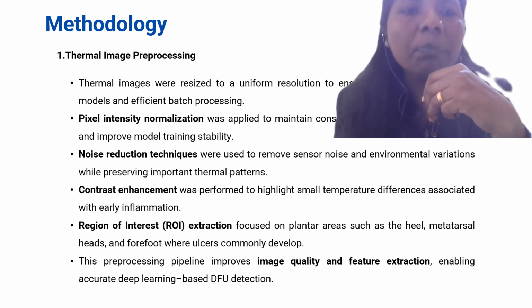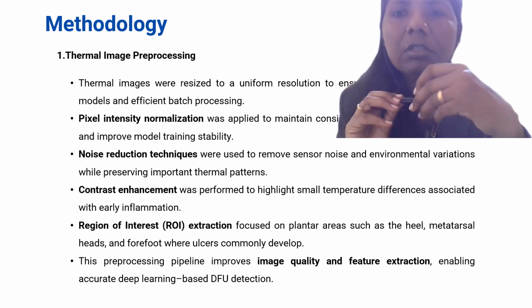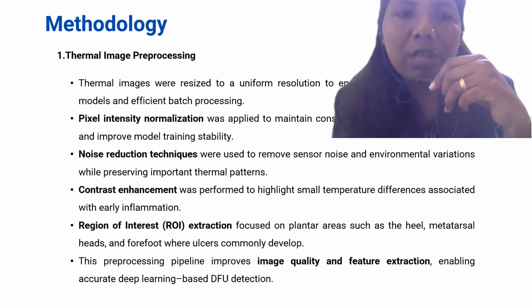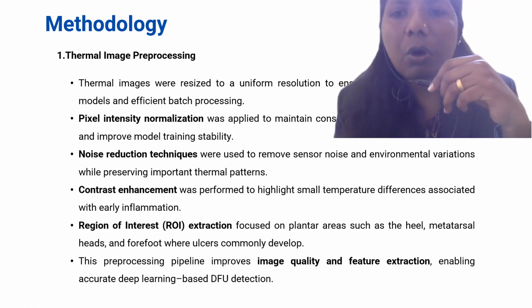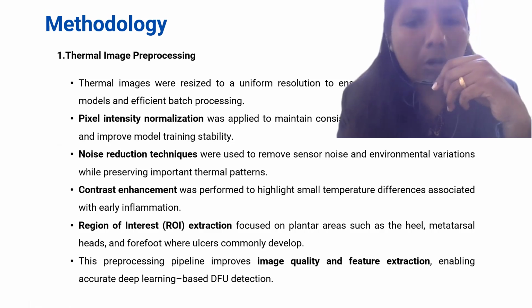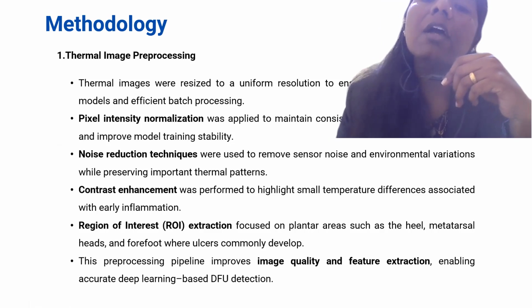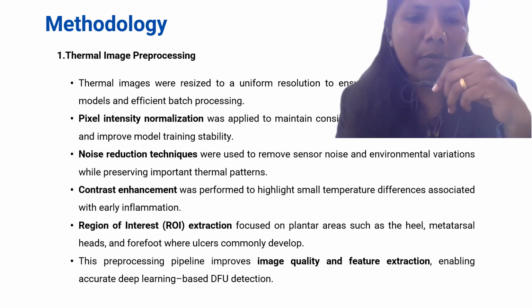Next, we perform pixel intensity normalization, giving consistent temperature value ranges and improving model training stability. Noise reduction techniques remove the sensor noise and environmental variation while preserving important thermal patterns. Contrast enhancement was performed to highlight small temperature differences associated with early inflammation.